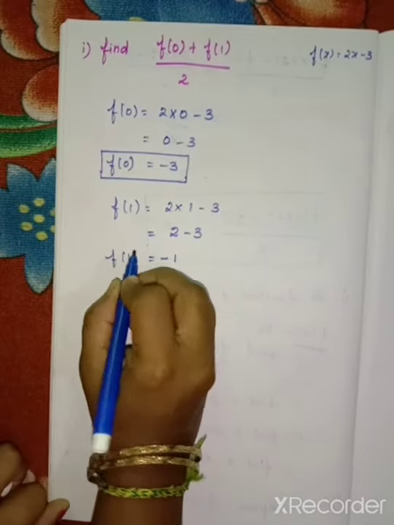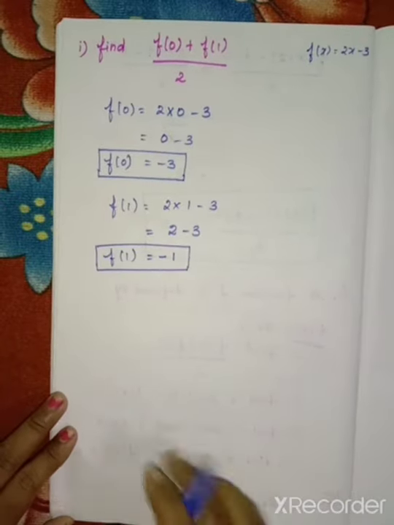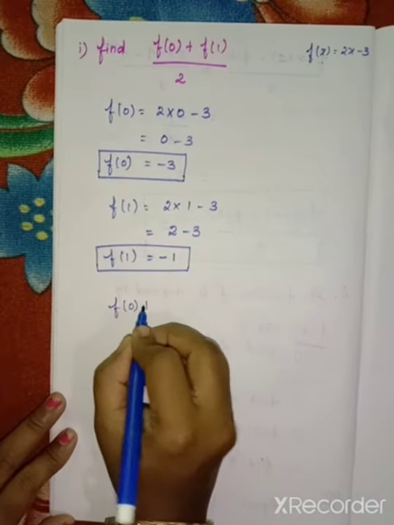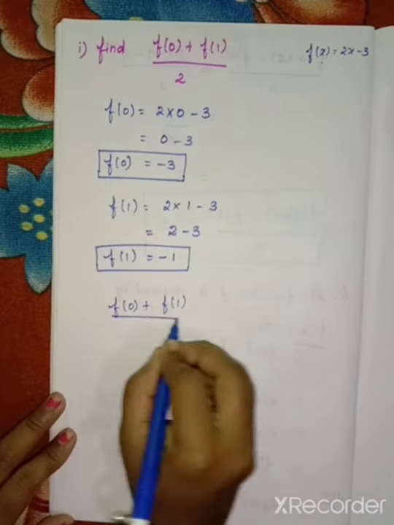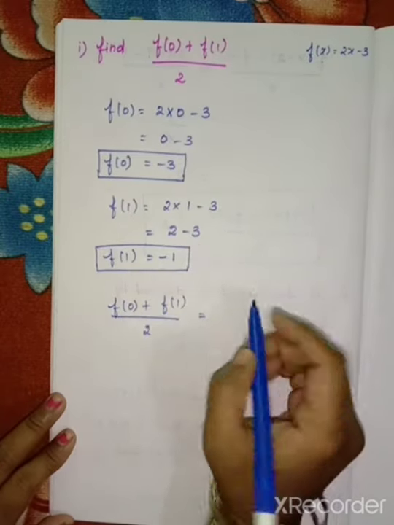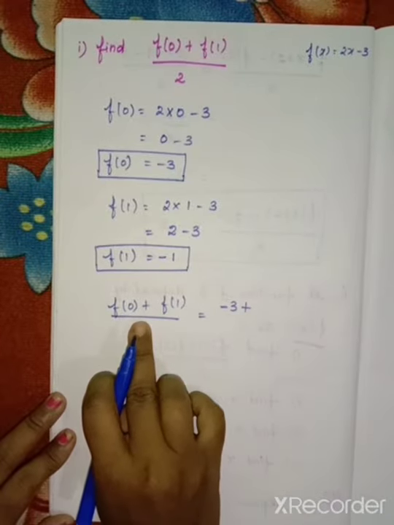So f of 1 equals minus 1. Next, we want to substitute. So f of 0 plus f of 1 divided by 2 equals, in place of f of 0, minus 3, plus f of 1, which is already in the question itself.